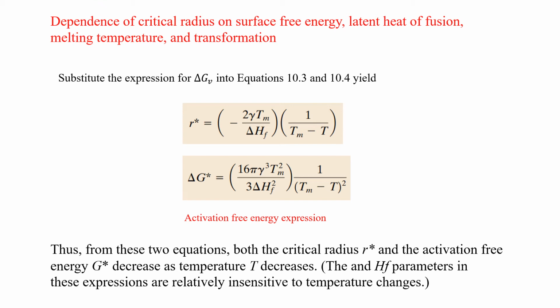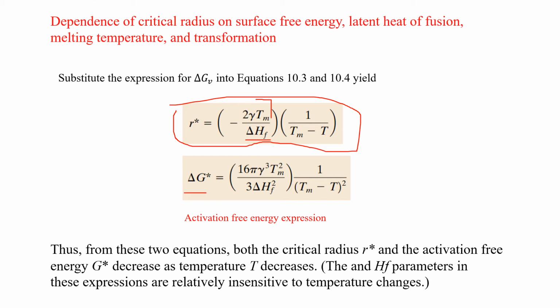We will get r star, another expression for critical radius, which depends upon the temperature and the latent heat of fusion delta HF. T is the temperature, Tm is the melting temperature, and the transformation.